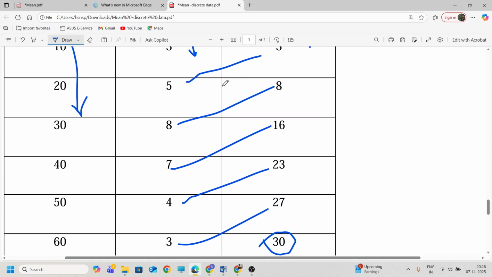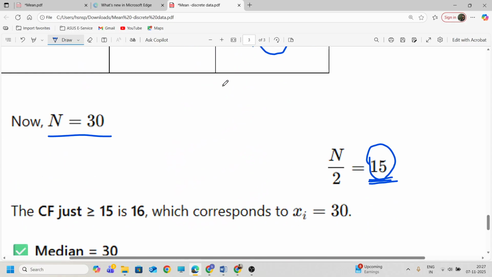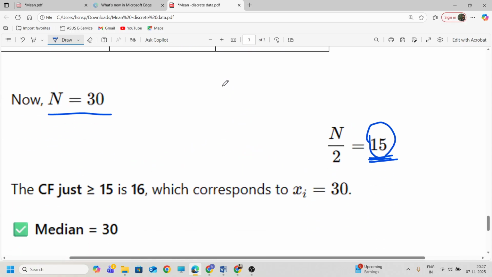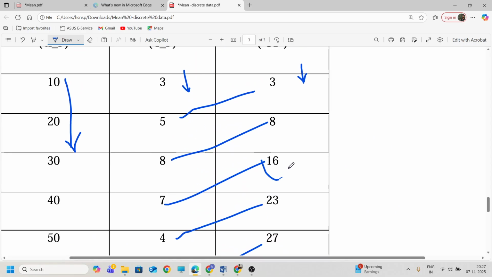Nearby 15, what is the cumulative frequency? That is called the median value. What is the nearby value to 15? 16 is the nearest value to 15, right? So what is the corresponding data? 30 is the corresponding data. This is called the median, the middlemost value.